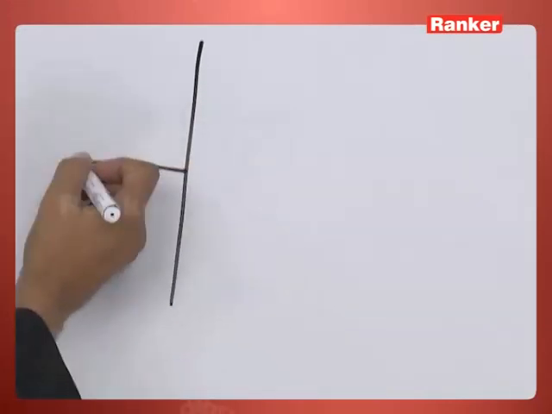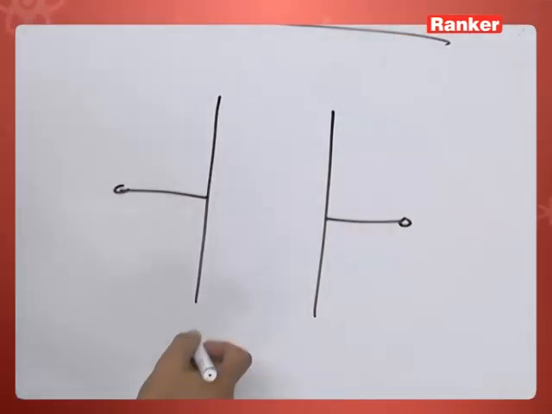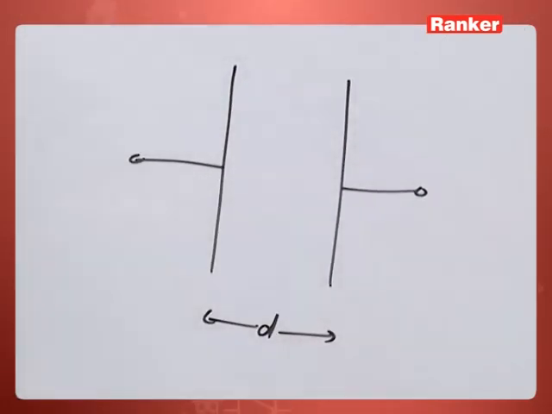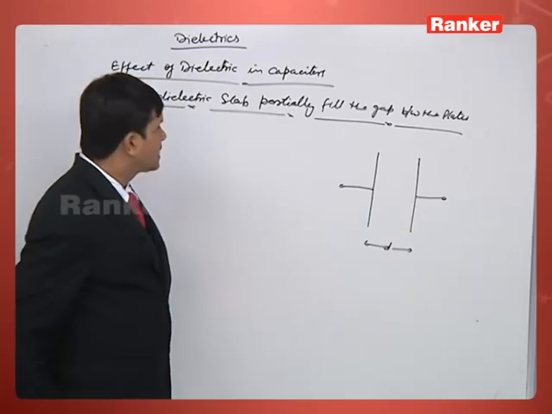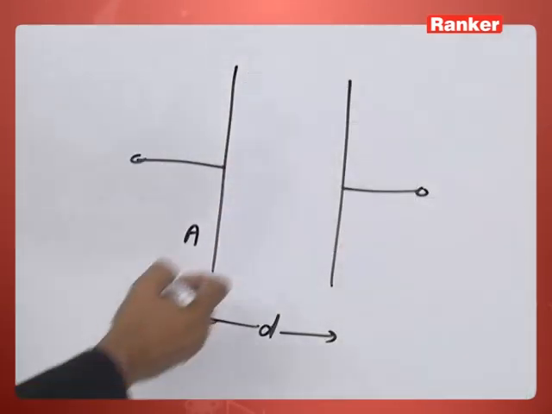Again, this is the capacitor, D is the separation between the plates, and A is the area of the plate.